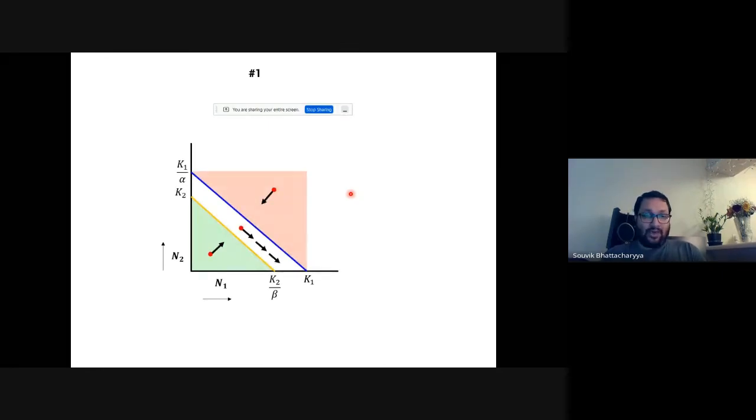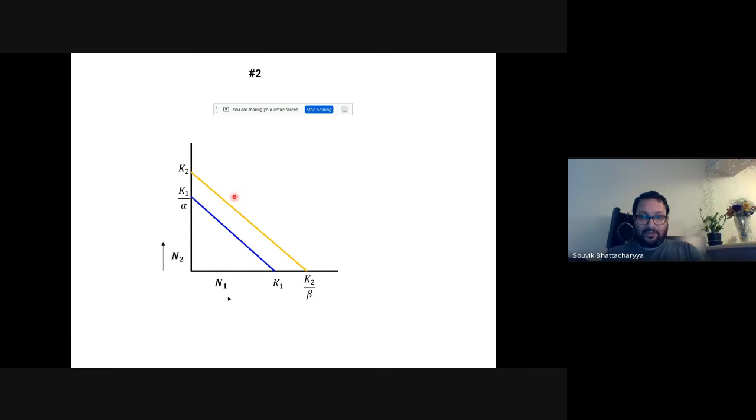This is situation 1 where species 1 wins because the blue line is above the yellow line, and this is situation 2 where the second species wins because the yellow line is above the blue line.